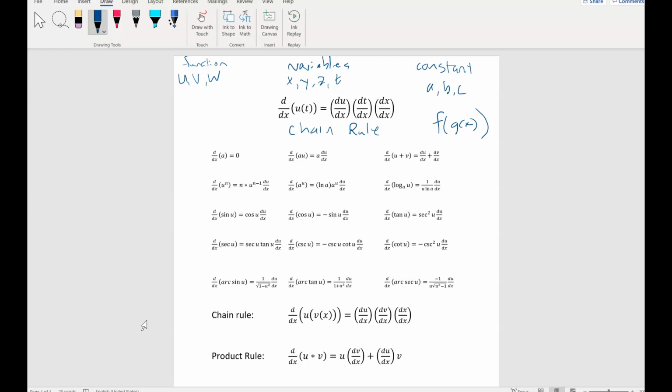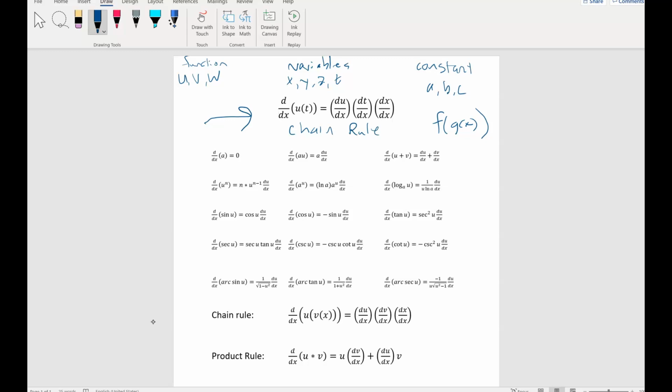And so anytime we're taking a derivative of a function inside of a function, we have to follow this rule at the top. This chain rule applies to every derivative you'll ever take. All these other rules apply to only certain situations, and we'll explain those in a minute. But the chain rule, you always have to consider. Every derivative you take, you have to consider the chain rule.